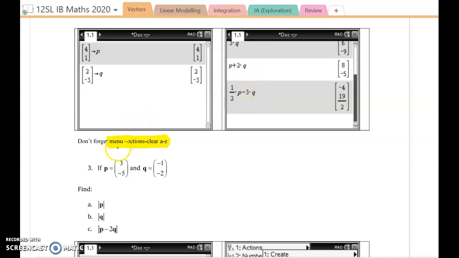However, you need to make sure you actually clear your memory of the whole alphabet that you might have assigned in previous years. So in year 10, you might have assigned P equals 6 and Q equals 10 and have forgotten that you'd done that. And your calculator would still remember, though, that you'd enter those values. So before you store any variables, you need to actually clear your memory. Go to Menu, Actions, Clear A to Z.